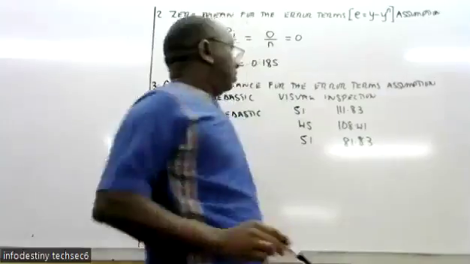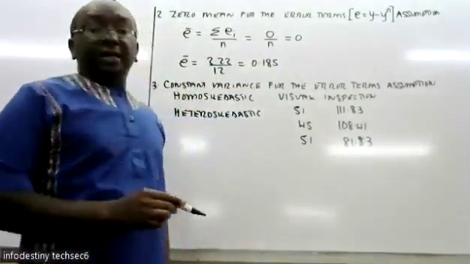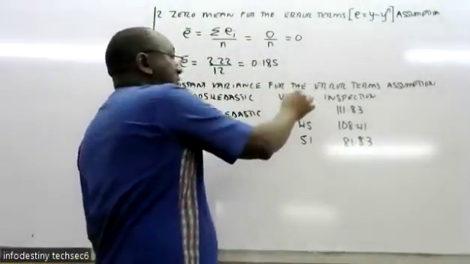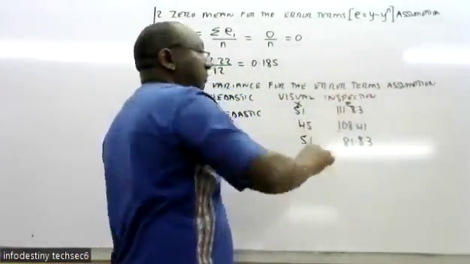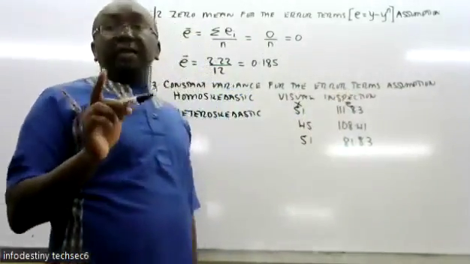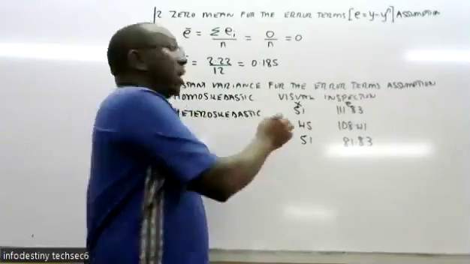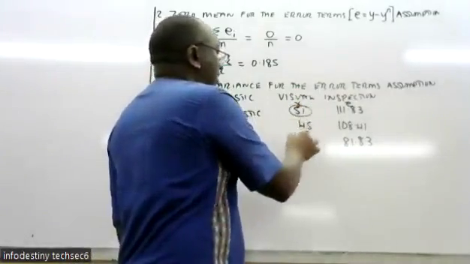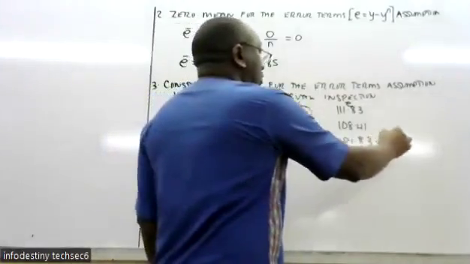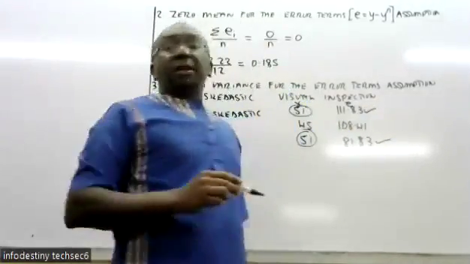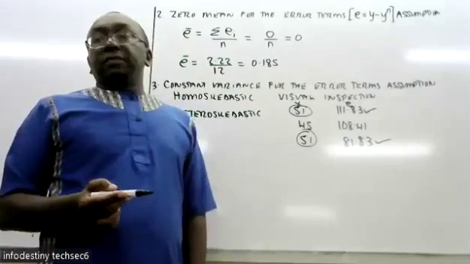81.83. Now, first of all, you can see here that these are the values of x and these are the error terms. If they were depending on values of x, where we have equal values of x here, even the errors should be equal. But you can see they are not equal.